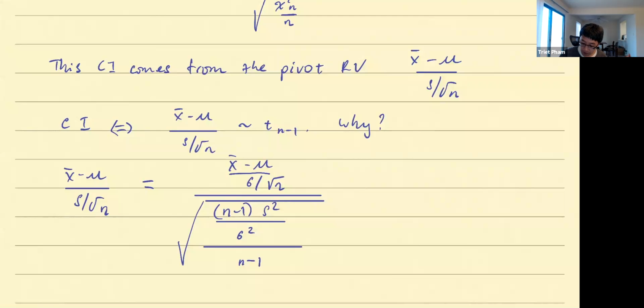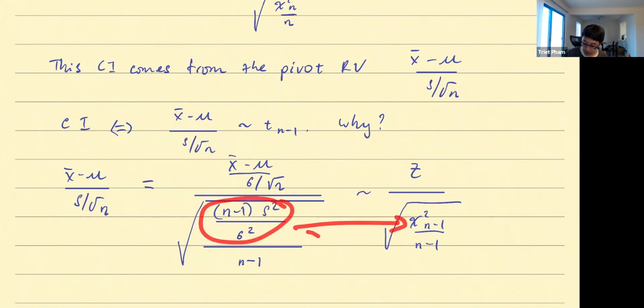So indeed, this will have the standard normal on top and the square root of chi-square n minus 1 divided by n minus 1 at the bottom, from our previous knowledge. And that's how we got it.